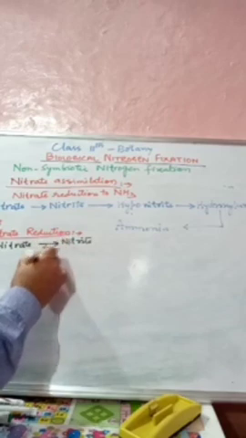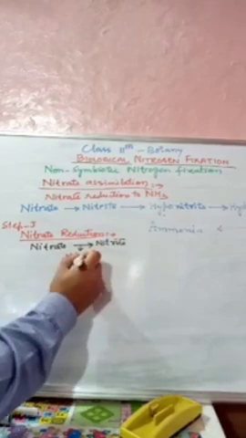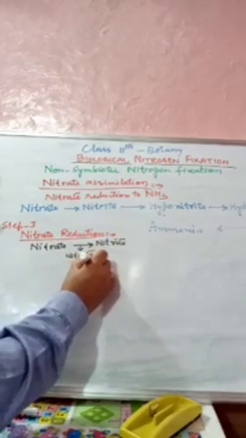What is that enzyme known as? That is called nitrate reductase. Nitrate is reduced to nitrite by the enzyme nitrate reductase. This is an enzyme which reduces nitrate into nitrite.